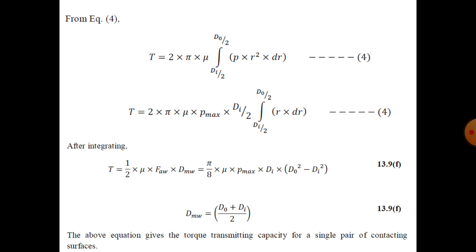The above equation gives the torque transmitting capacity for a single pair of contacting surfaces.